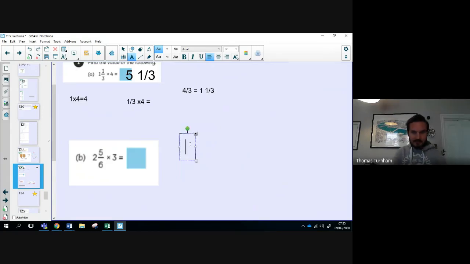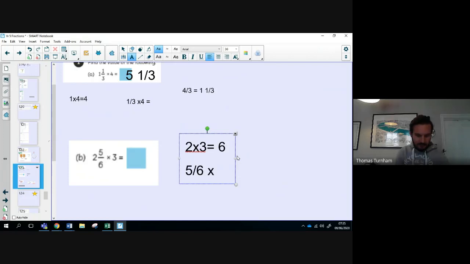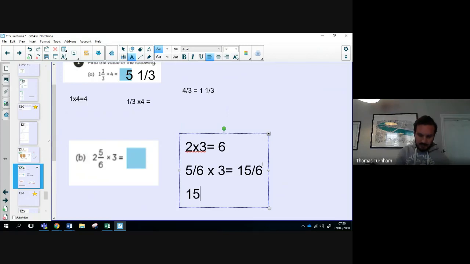So then you might say, right, I'm going to do 2 times 3 equals 6. Then my next sentence is going to be 5/6 times 3 equals 5 times 3 is 15/6. Then I might say, right, I know that 15, I'm counting 6.